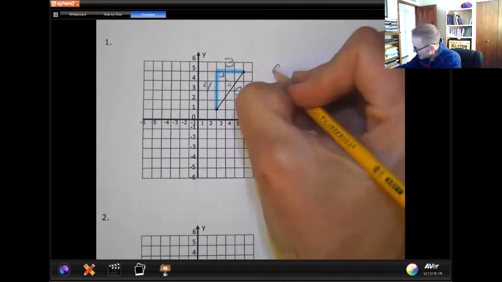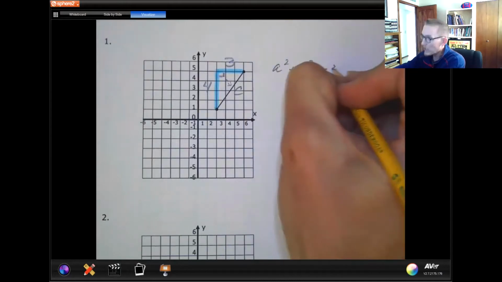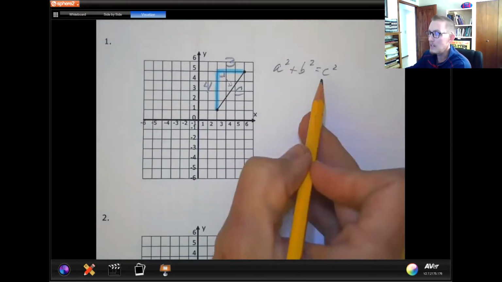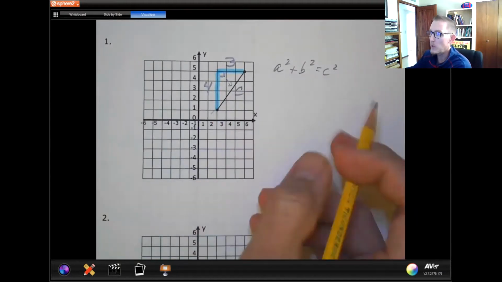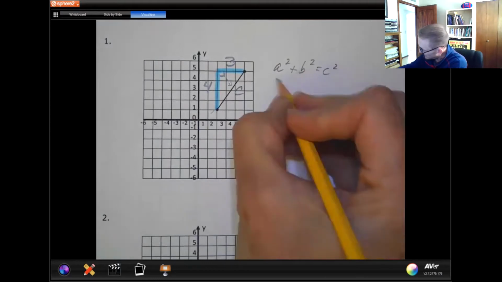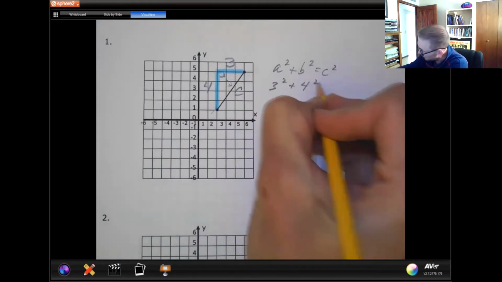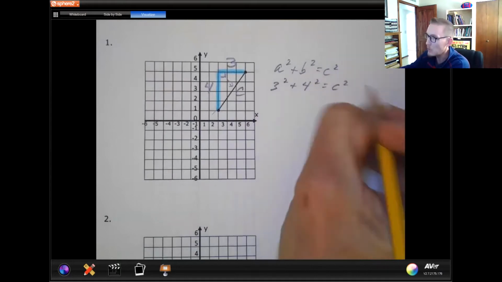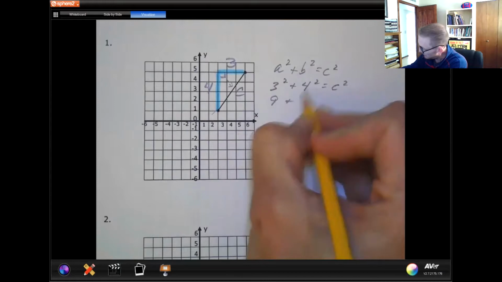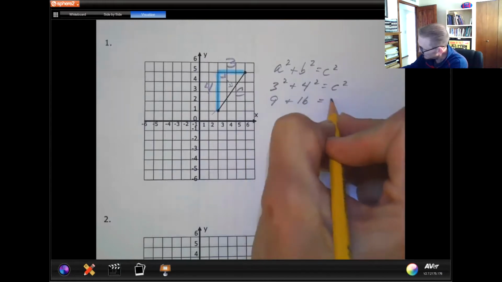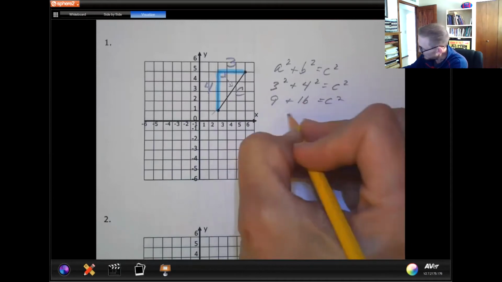We're going to use the Pythagorean theorem, looking for side C, which is the missing side length that we need. So we'll plug in 3 squared plus 4 squared equals C squared. 3 squared is 9, 4 squared is 16. Let's add them together because they're both on the same side of the equal.